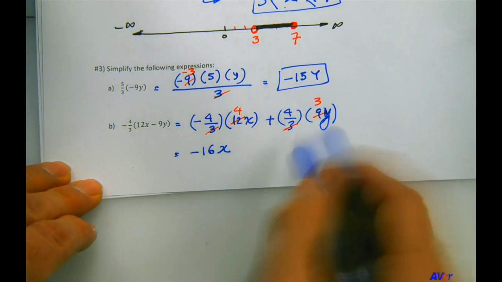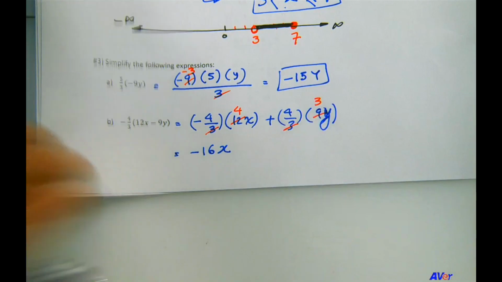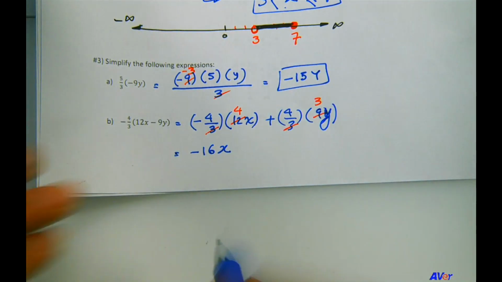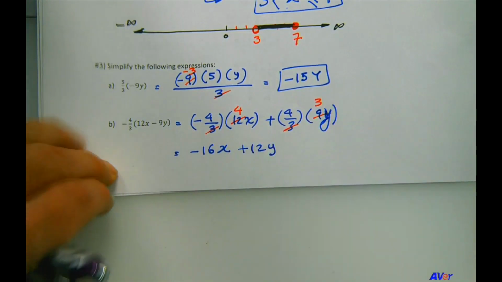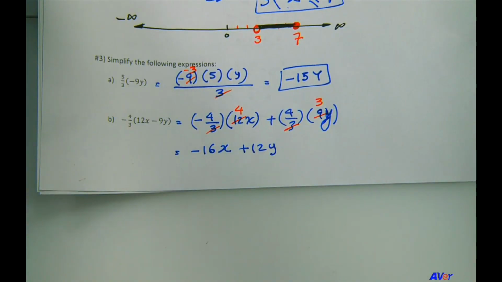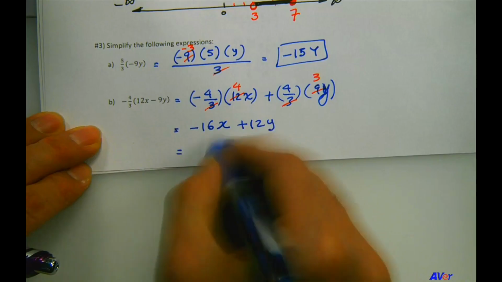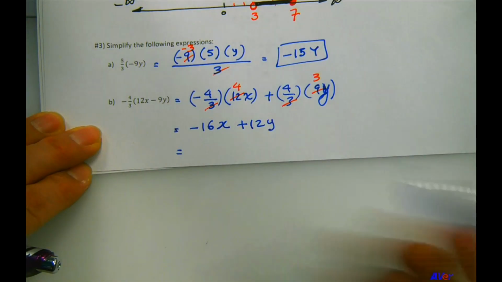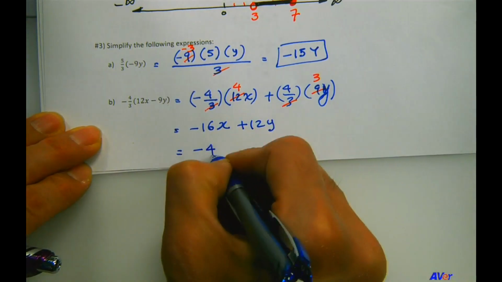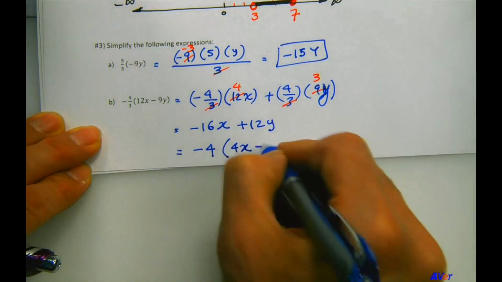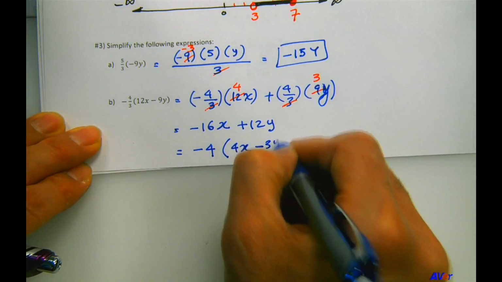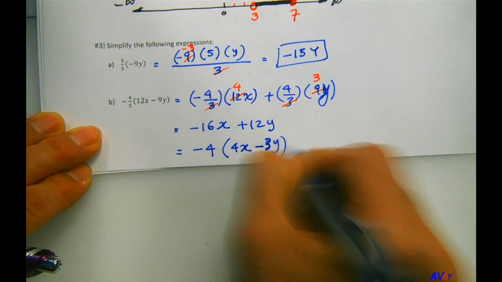Okay, so 4 times 3 is 12y. Can we simplify this more? Yes, we could. We could factor out the 4 from this, or factor out negative 4. Makes no difference. Minus 4 times 4x minus 3y. Okay.